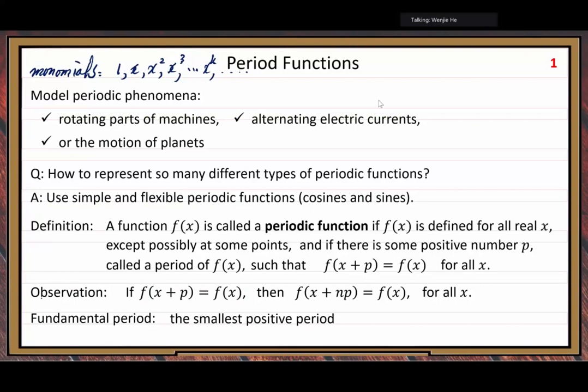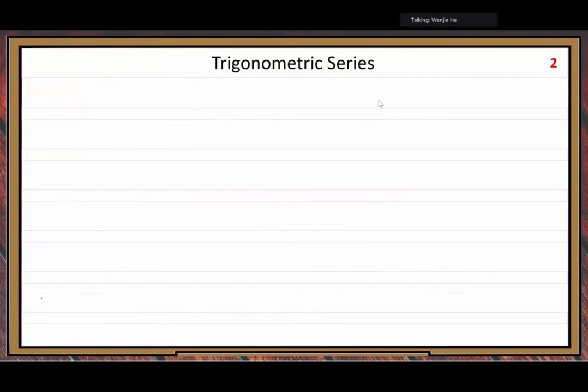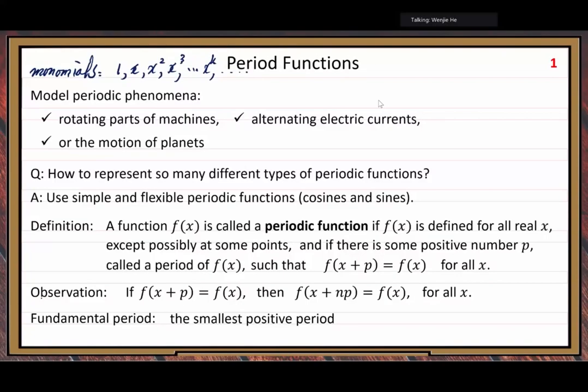It should be a positive number, not negative. We use that as the fundamental period. In our discussion, we like to use the fundamental period when we start. Later, when we need, we can use multiples of p.